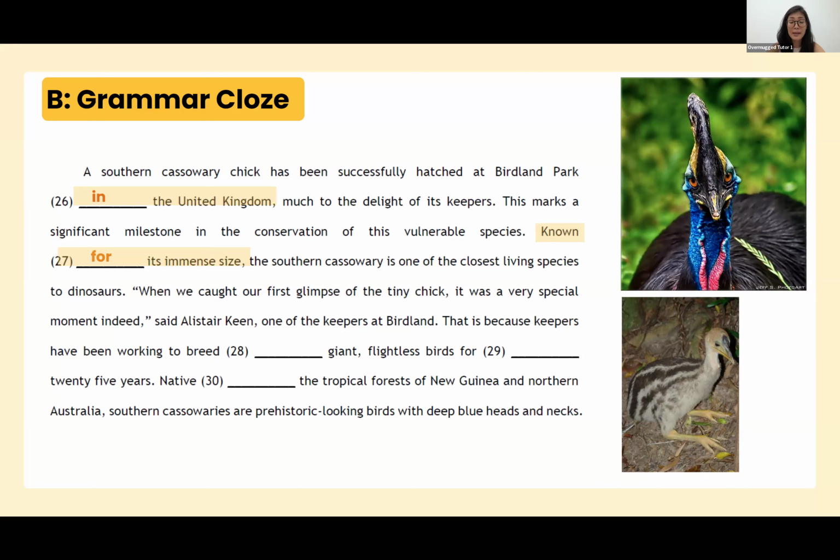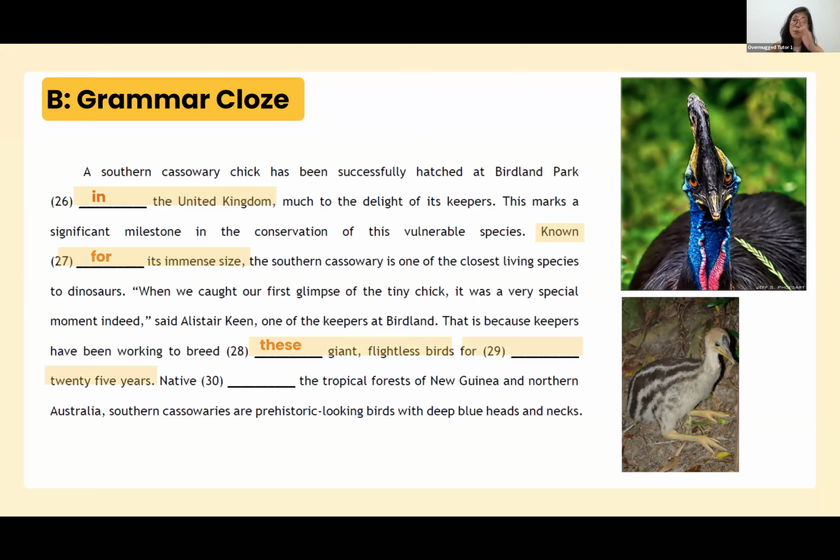Question number 28. Blank these giant flightless birds. You'll notice that we're talking about plural subjects, birds. So in this case, it has to be these, not this. Question 29. The keepers in Birdland Park have been breeding these birds for blank 25 years.